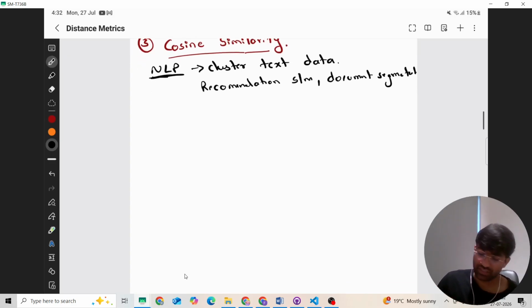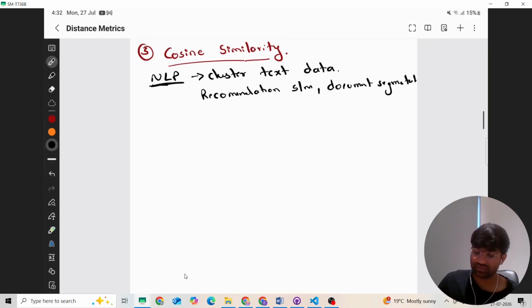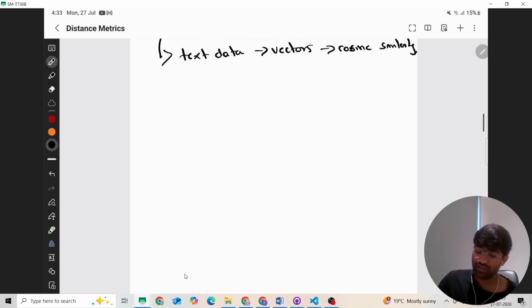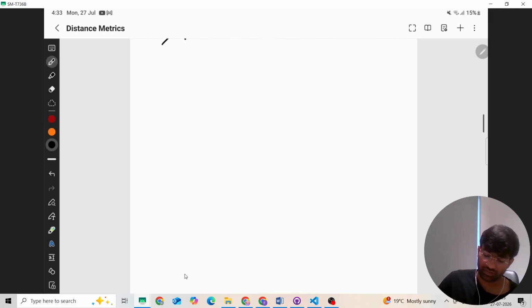I will explain the basic understanding of this, because NLP will go deeper: the text data will be converted into vectors and then it will calculate the cosine similarity. So I will tell you how the cosine similarity works, that's all.